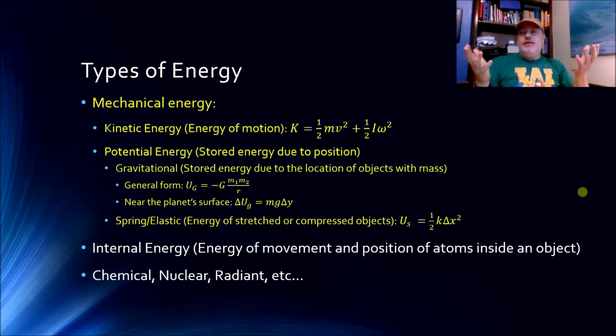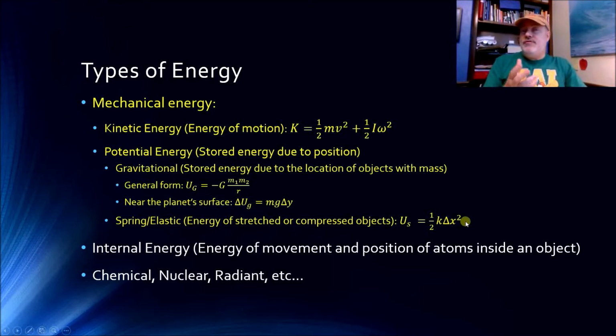So there's our mechanical energies. We have kinetic energy, which comes in two parts, translational and rotational. We have potential energy, which is gravitational, the general form for like planets, and then the form for when we're close to the Earth's surface, mg delta y. And then we have elastic potential, 1/2 kx squared. And that's it.